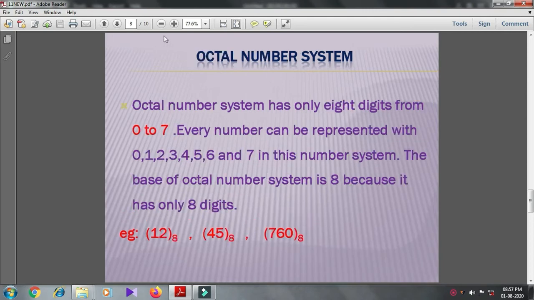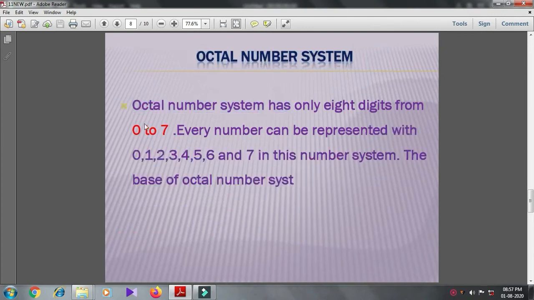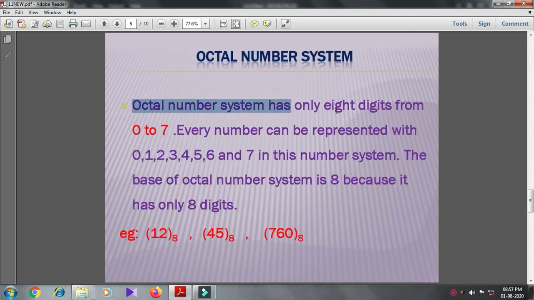Next, octal number system. Octal means 8. Octal number system has only 8 digits from 0 to 7. Every number can be represented with 0, 1, 2, 3, 4, 5, 6 and 7. The base of octal number system is 8 because it has only 8 digits.